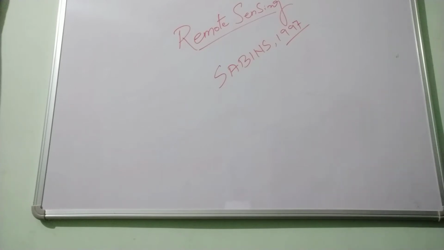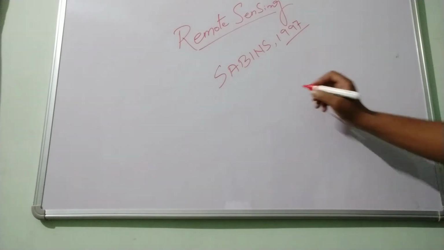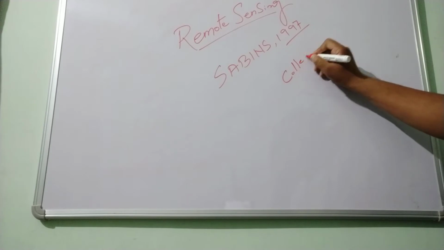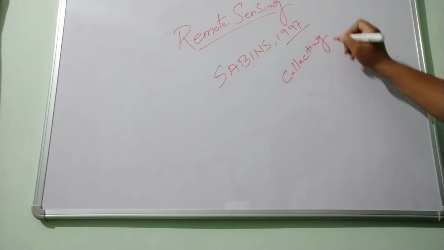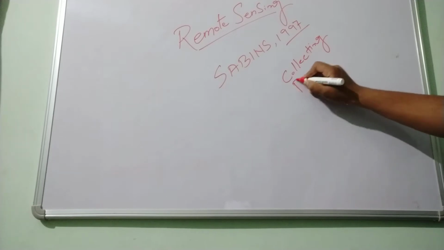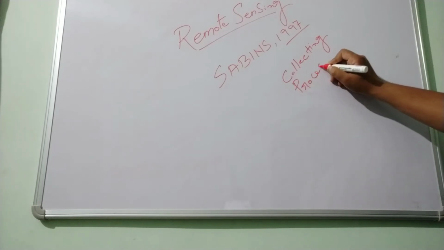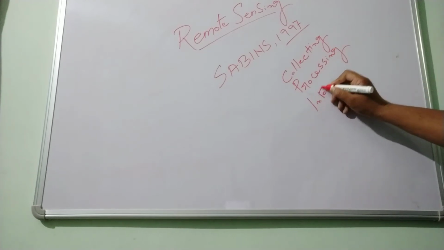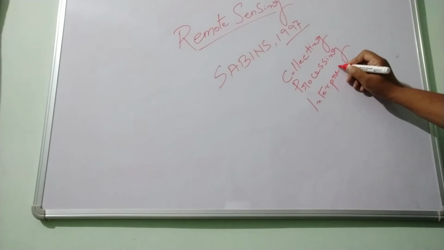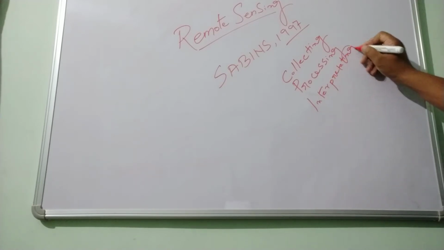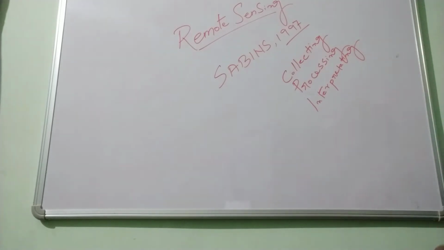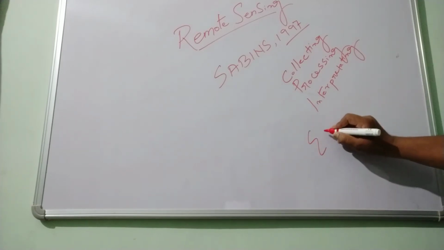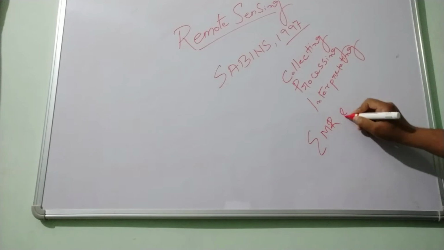So what Sabins says is that it is a science of acquiring, that is collecting information, processing information, interpreting information, that is the interaction between the electromagnetic energy and matter.